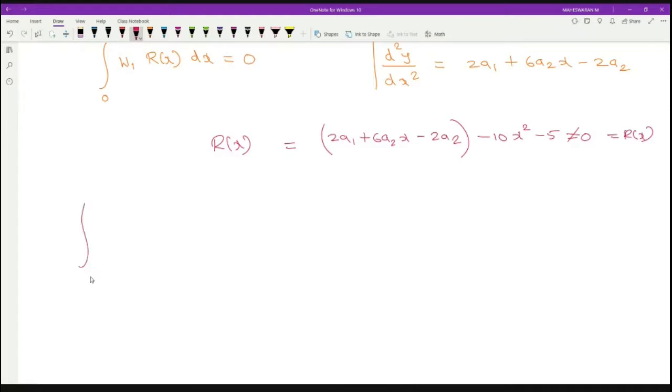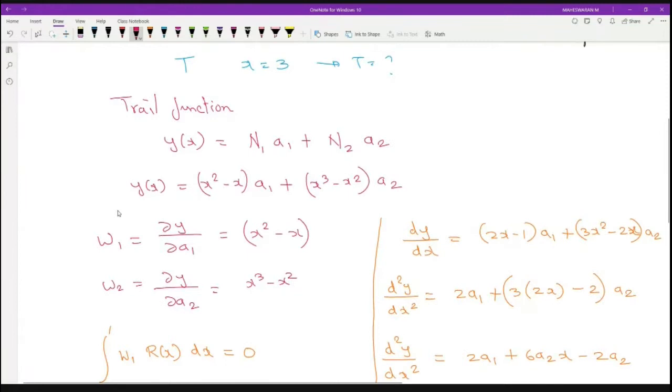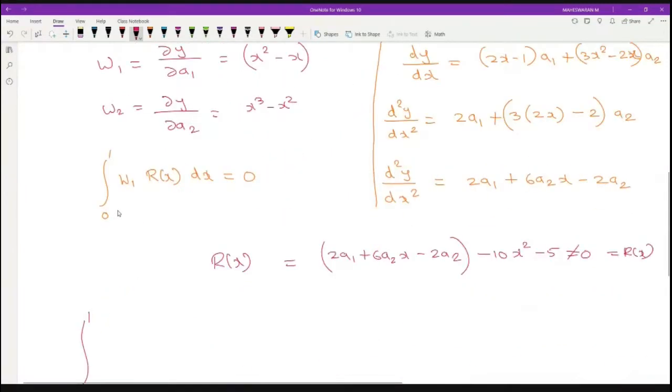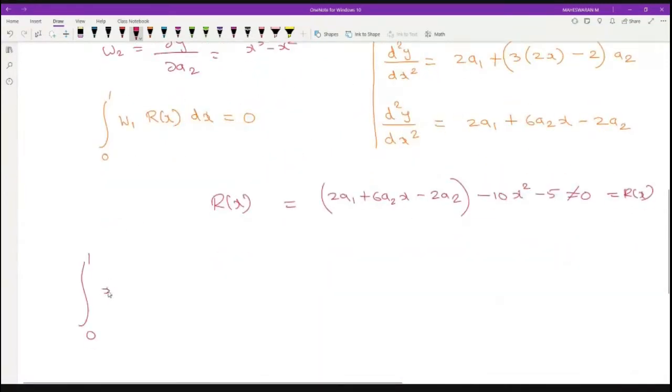So my integration is 0 to 1. W1 is x square minus x, into R of x, which is 2a1 plus 6a2x minus 2a2 minus 10x square minus 5, into dx, equal to 0.